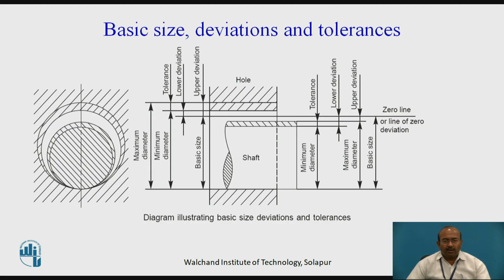whether internal geometry is going to match or external geometry is going to match. The external feature kind of elements which are going to be applied with the tolerances are called shaft elements, and the various elements used in the assembly with their internal features like a hole are called hole elements.